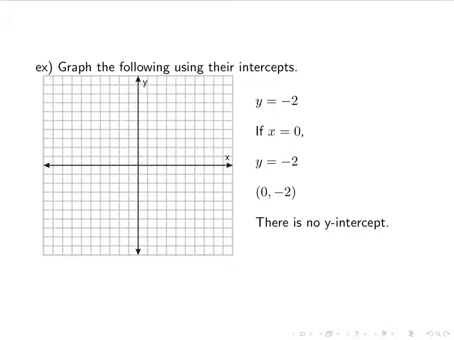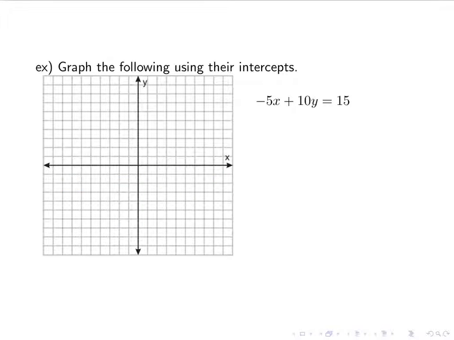So I've only got 1 point, which is 0, negative 2. Because I don't have another intercept, I can't really graph using the intercepts, but if I remember from a previous example, y equals a number is just the horizontal line at that number. So I have a horizontal line at negative 2.